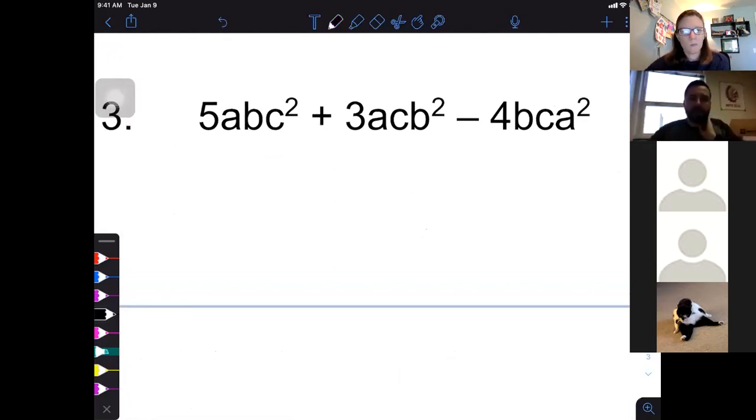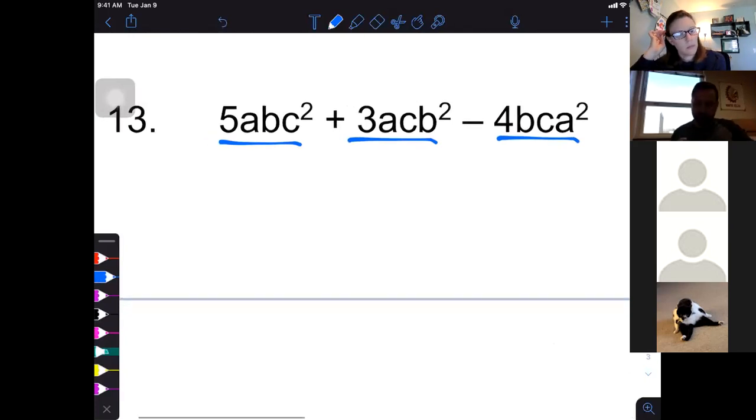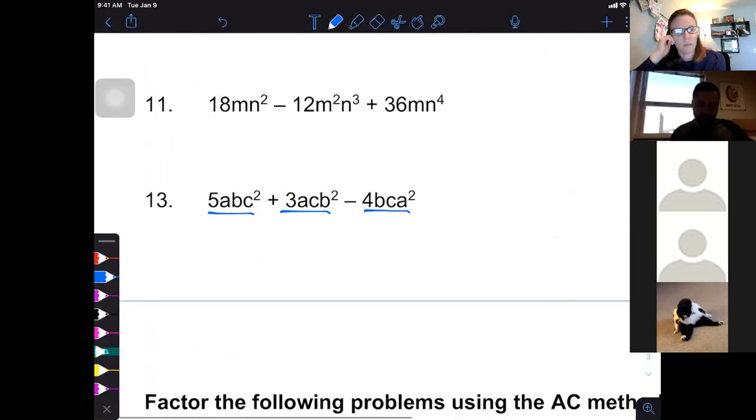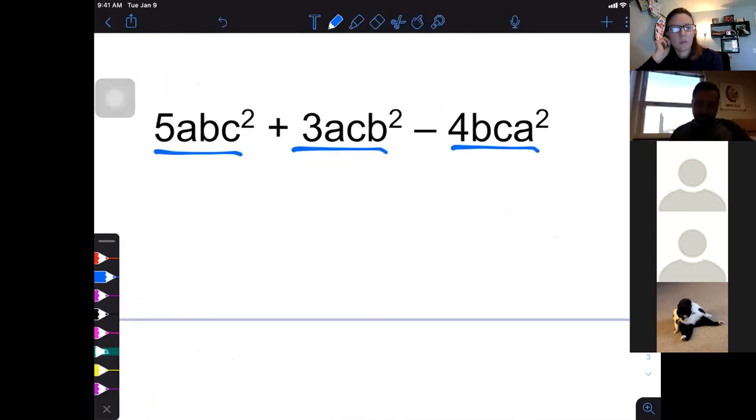Peyton, is there a GCF of 5, 3, and 4? What number is this? Sorry, 13. No, there isn't. So now we're just looking at our variables. If we look at our A's, we notice that that third term, it doesn't go ABC, it goes BCA.